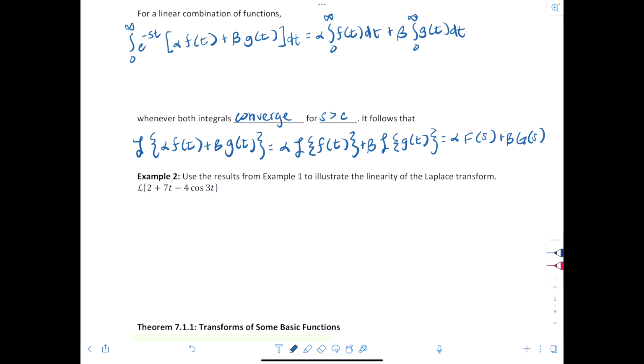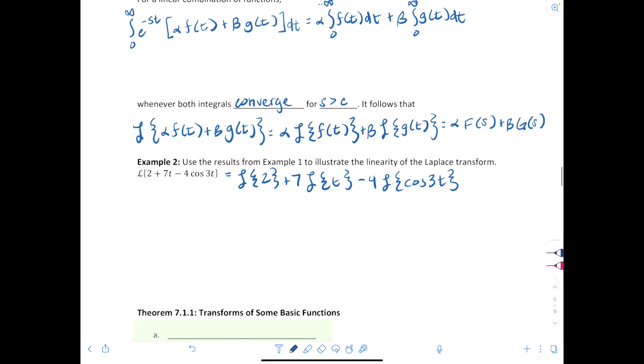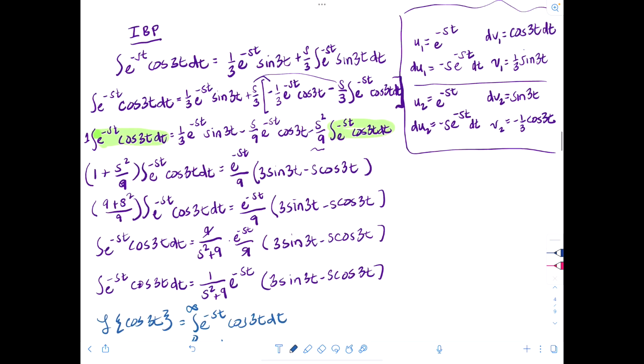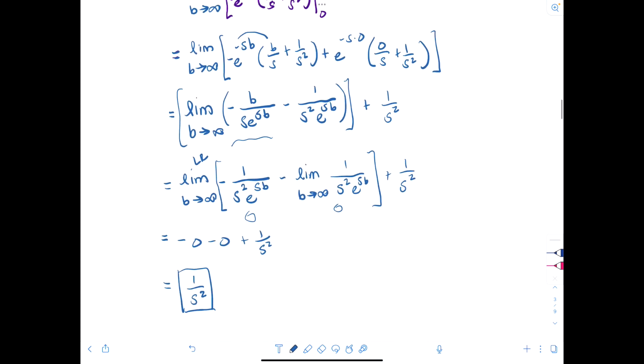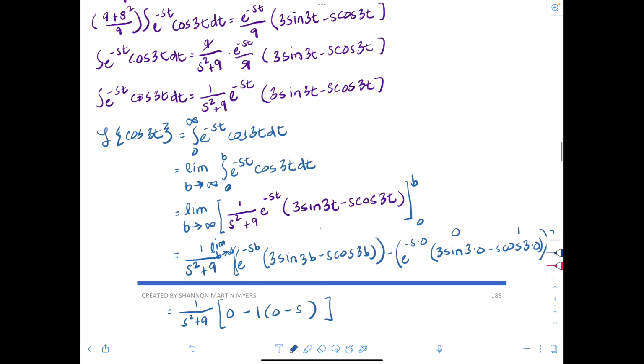So L of the sum and difference of functions is going to be equal to L of 2 plus 7 times L of t minus 4 times L of cosine of 3t. And we found all of those. Remember that L of 2, way back when, was 2 over s. L of t was 1 over s squared.